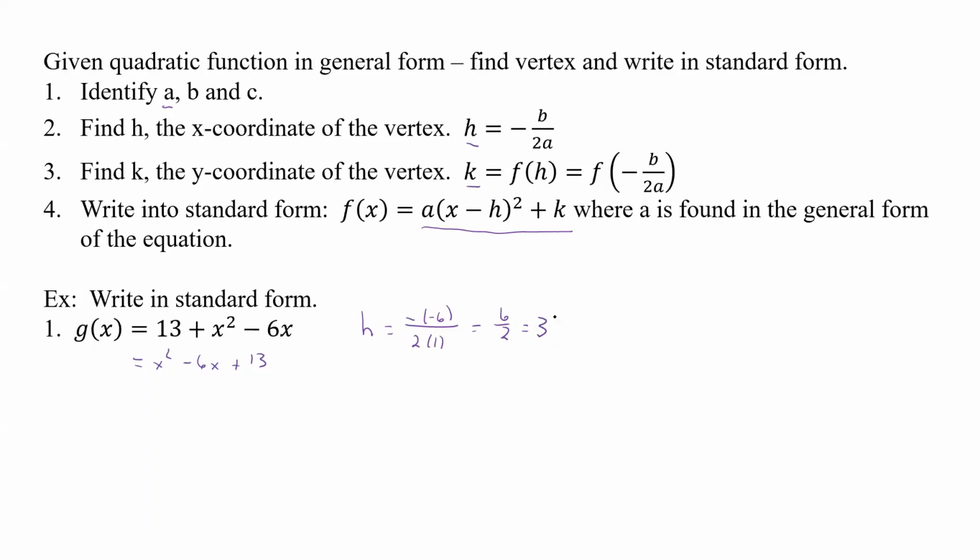Now we take that 3 and we have f of 3, or in this case g of 3. So g of 3 is equal to 3 squared minus 6 times 3 plus 13. So that's going to be 9 minus 18 plus 13, and that's going to be a 4.